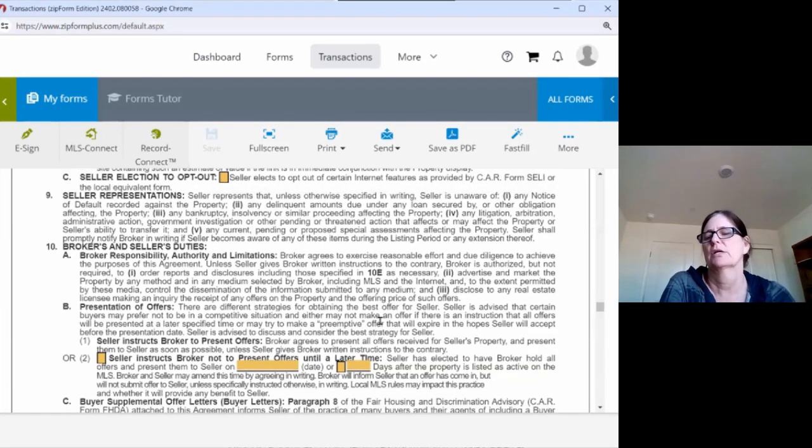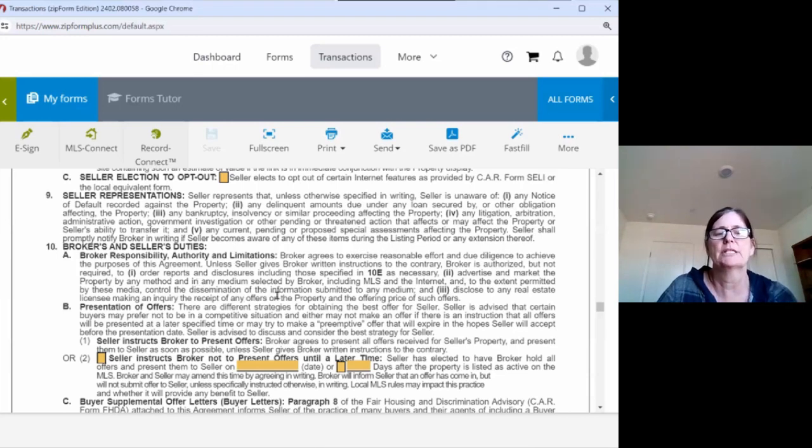Going back to the listing agreement, right here we have seller representations. Here it says that unless it's in writing, they are unaware of being in default, any delinquent amounts due, any bankruptcy affecting the property, or any litigation.